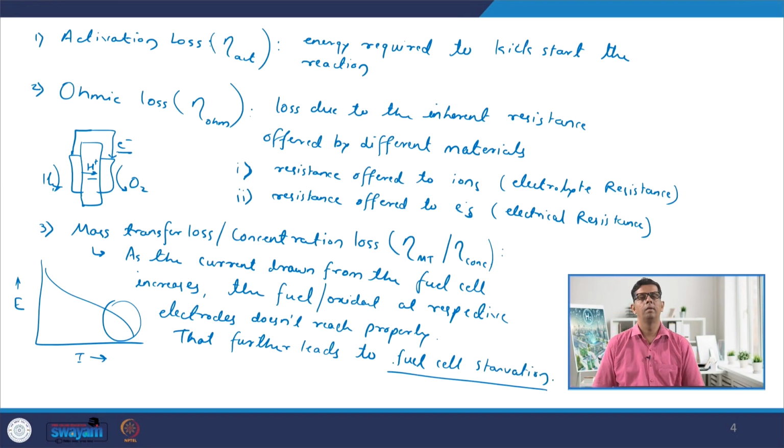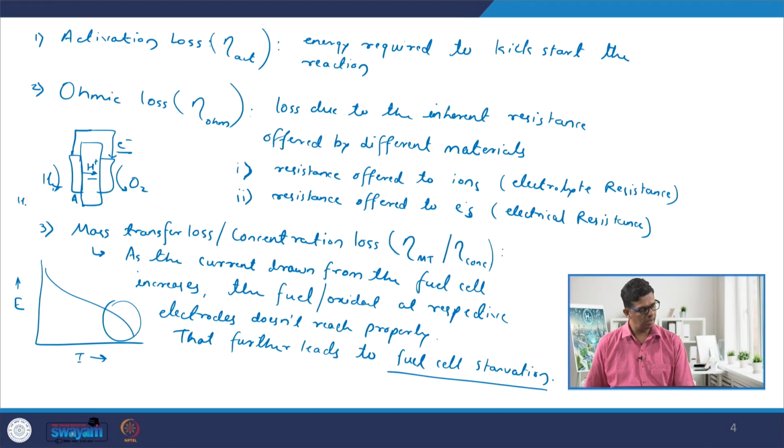So, basically when we are drawing more and more current, what happens is, let us take an example of the anode, wherein we are supplying hydrogen at a fixed flow rate. When you are drawing more current, more and more fuel reaching this electrode and electrolyte interface is getting converted into protons and electrons.